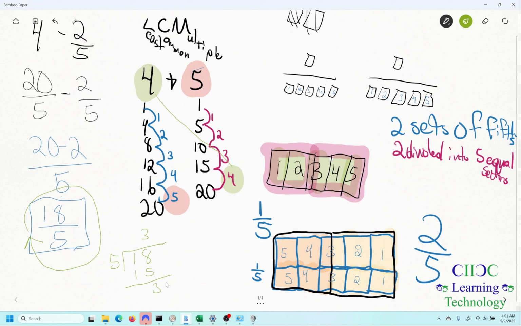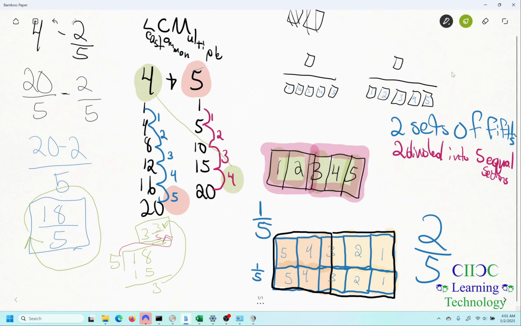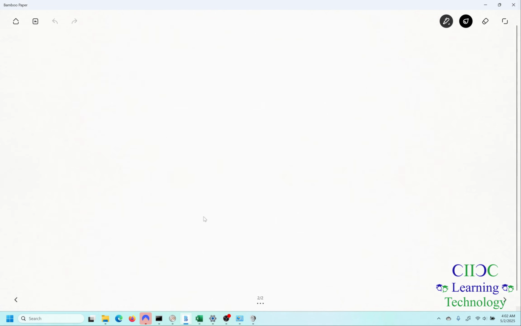And that 3 goes up here, and 5 stays as the denominator. 3 3/5. If you want, we can then take a moment. You know what? I'm going to be an overachiever. 18 over 5 is 3 3/5. Let's do this as a decimal too.